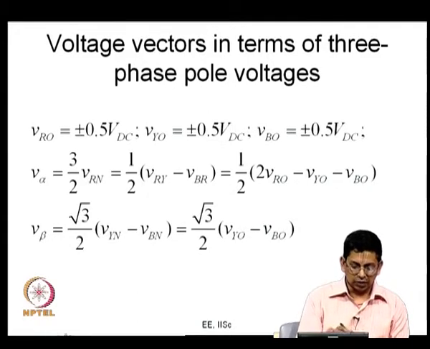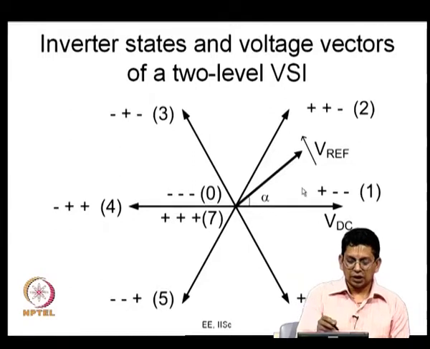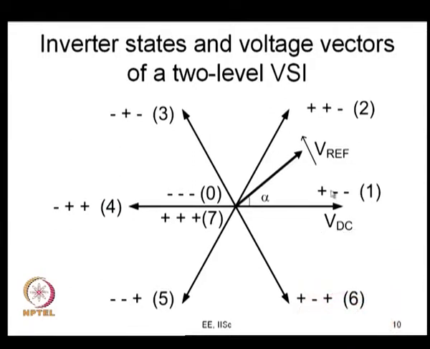We saw this in some detail in the previous classes and we quickly reproduce it here. When R phase alone is connected to the positive bus and Y and B are connected to the negative bus, the inverter produces a vector which is aligned with the R phase axis as shown here. And when the state is inverted, when R is negative and Y and B are positive, you get the negative vector.